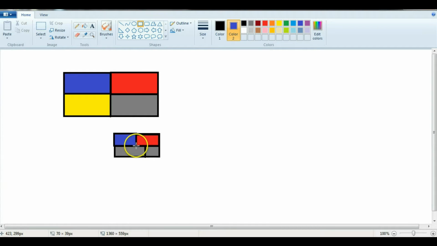It should be a mini version of what we have in our population. And then I'll put my yellow down here. There's yellow. And then we'll put some gray. So that is what my sample should wind up looking like. It should be a miniature version of what my population looks like.